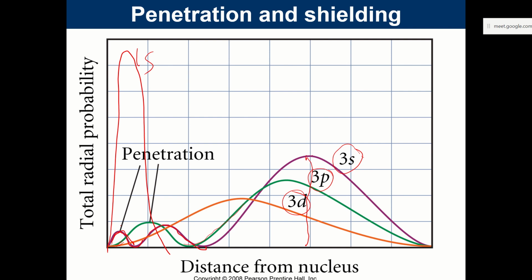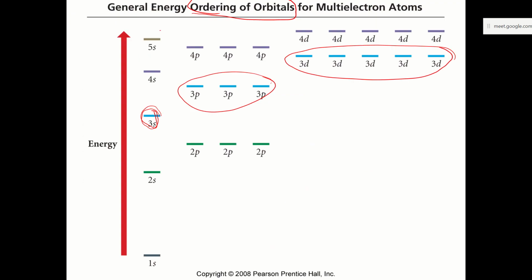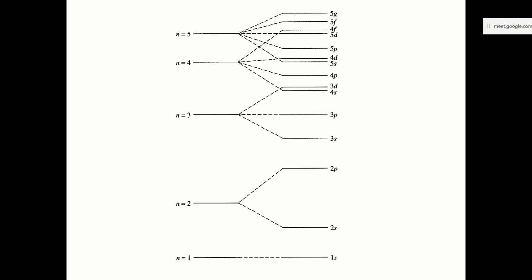There is a finite probability of finding the third shell 3s electron there, and this is penetration, right? So it is able to penetrate better, and that's why we have less energy for 3s, more energy for 3p and 3d. Okay, got it? मतलब 3s का मोस्ट प्रोबेबल रेडियस ज़्यादा है लेकिन एनर्जी कम है. क्यों कम है इसको समझिए, ठीक है? So this is what we have.